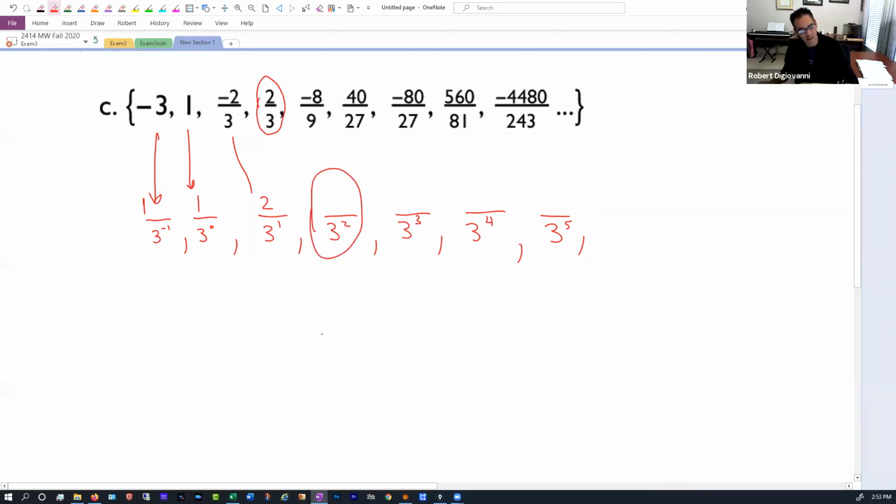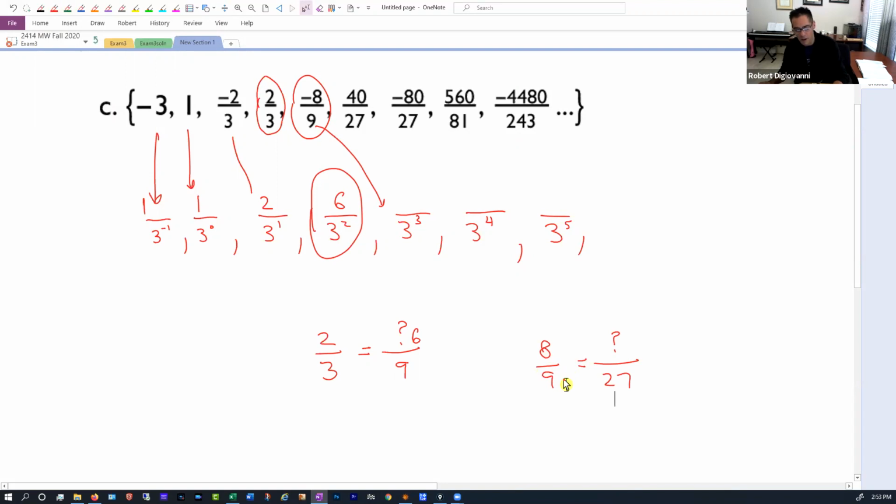So what you're asking yourself is, how can I rewrite 2/3 as something over 9? To do that, you just multiply top and bottom by 3, and that's where you get 6/9. So this is 6/9. And then this one, you're like, okay, I need that to be something over 27. So 8/9 needs to be something over 27. I'm missing a 3.